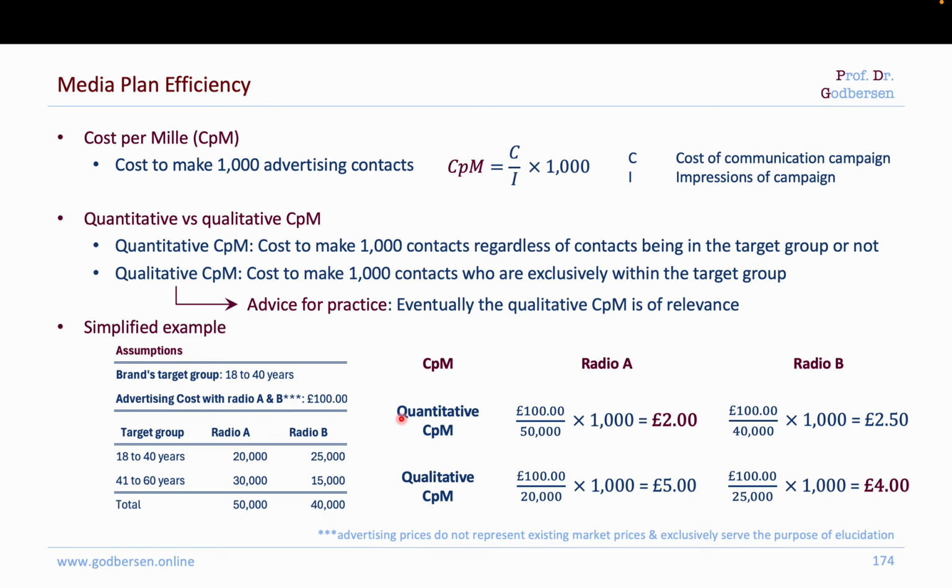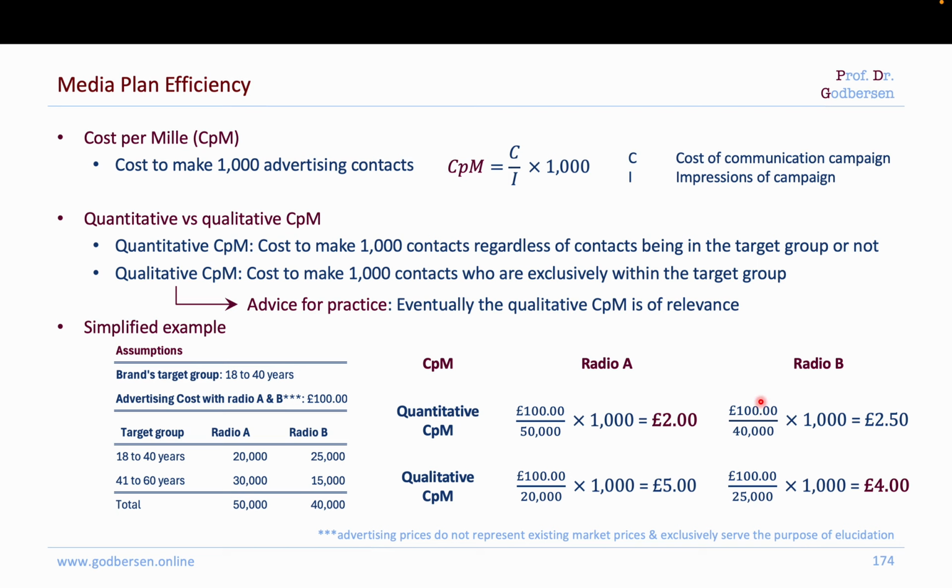Let's calculate the quantitative cost per mil. Price of the ad is £100 divided by 50,000 listeners times 1,000 is £2. So it will cost me £2 to reach 1,000 listeners of Radio A with my advertisement.